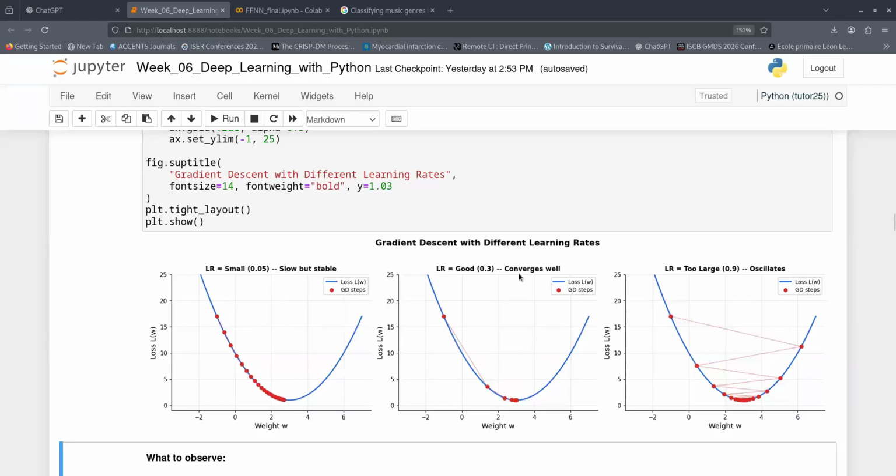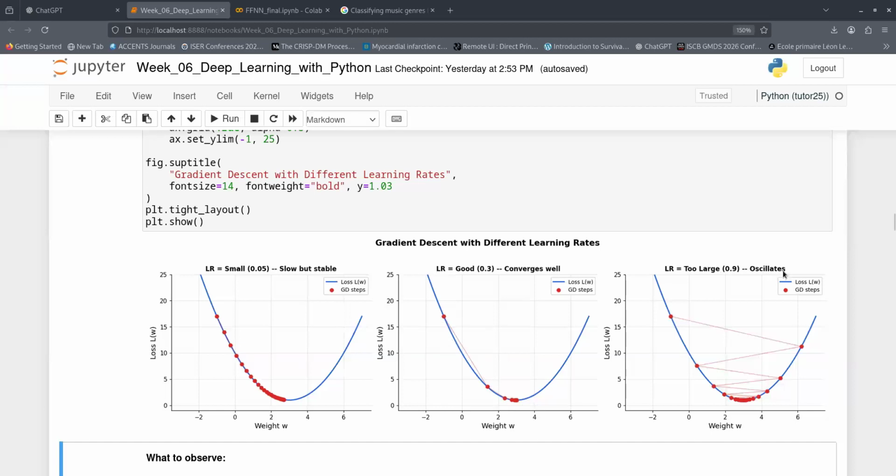So here now you have it converged well. You have a good learning rate of 0.3. It's living here, it's just going there, and then there, then it's going fast. If you can see it, it's just fast. If you leave here, you arrive here, it means you are going fast. And then you have this one, where we consider a too large learning rate.